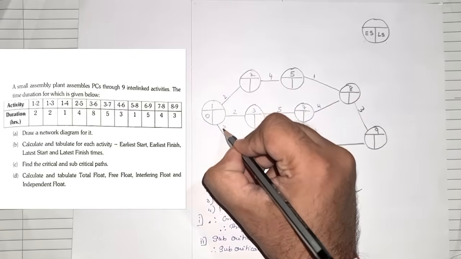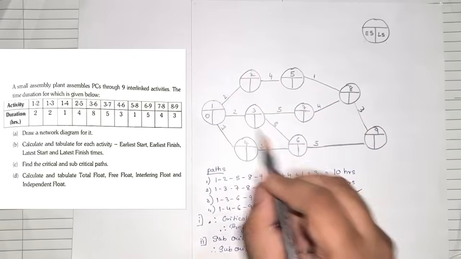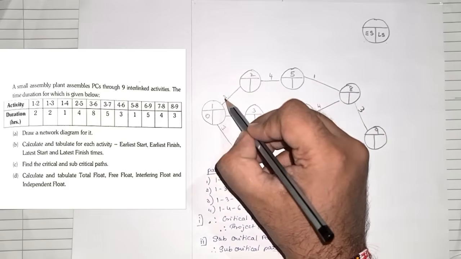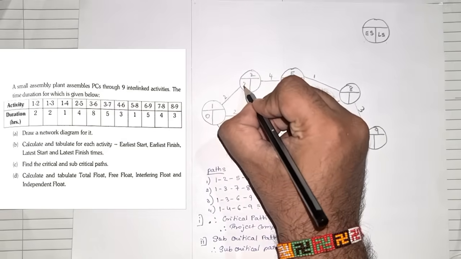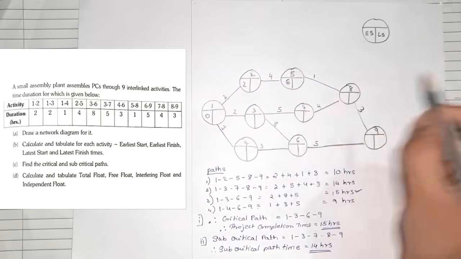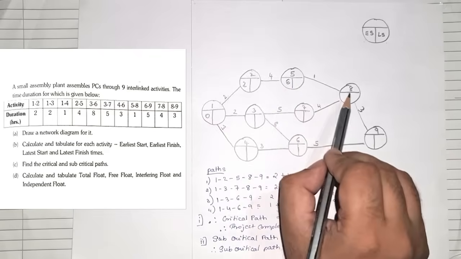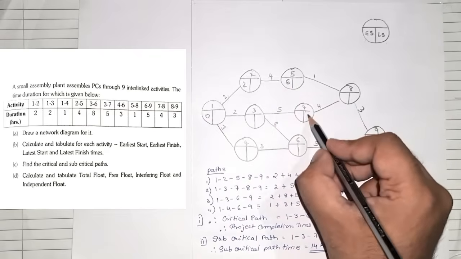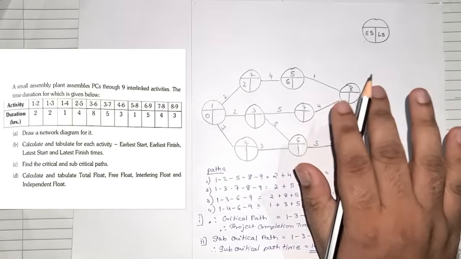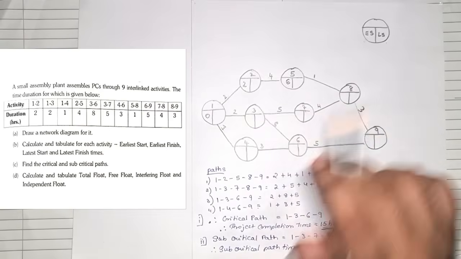You have to remember the duration gets added to it as we go ahead. So 0 plus 2 will give you 2. 2 plus 4 gives you 6. Now 6 plus 1 gives you 7, but now there is interconnection. There's a merger. So whenever there is a merger, we'll have to wait because we are going forward.